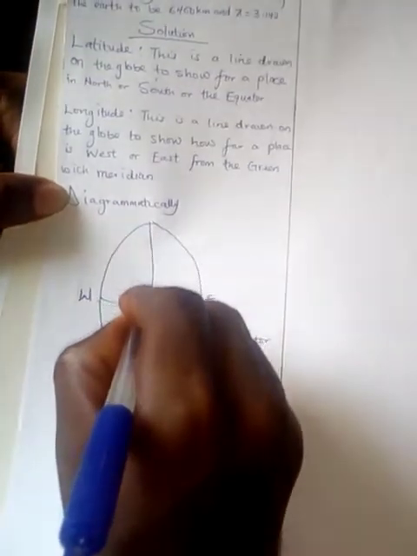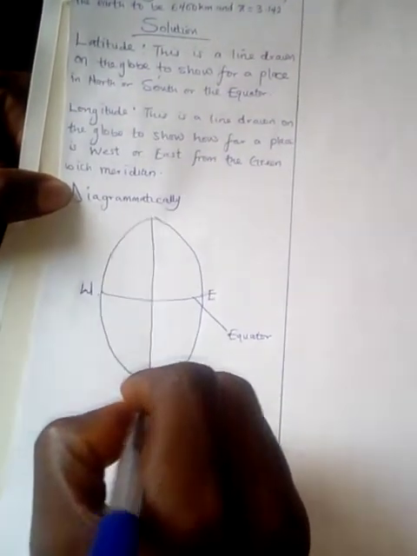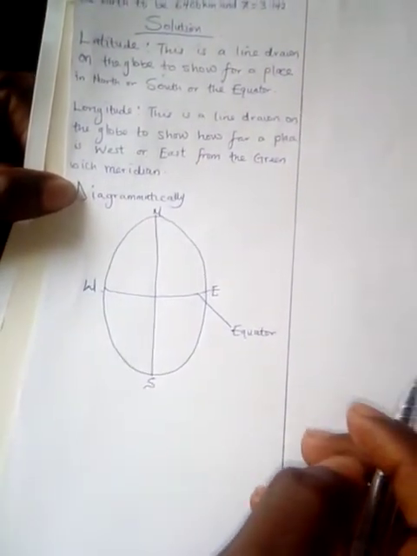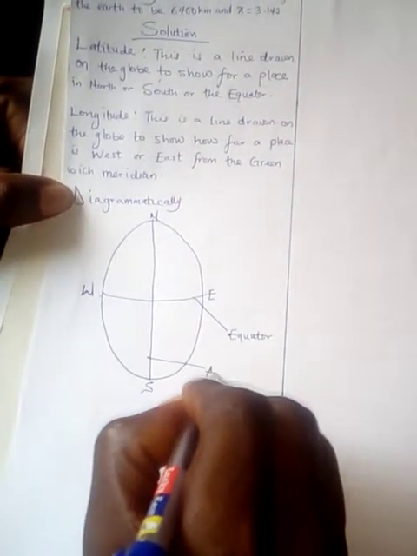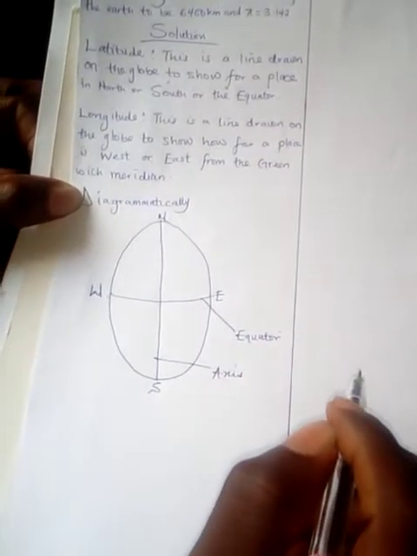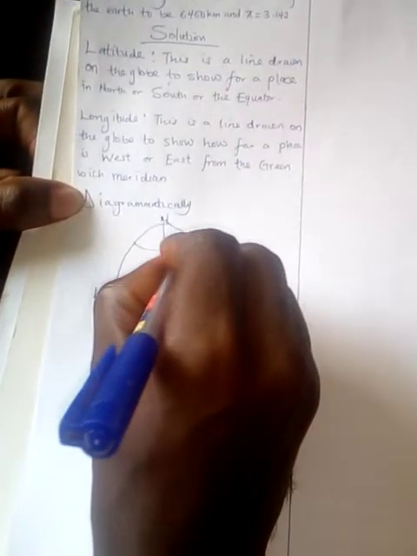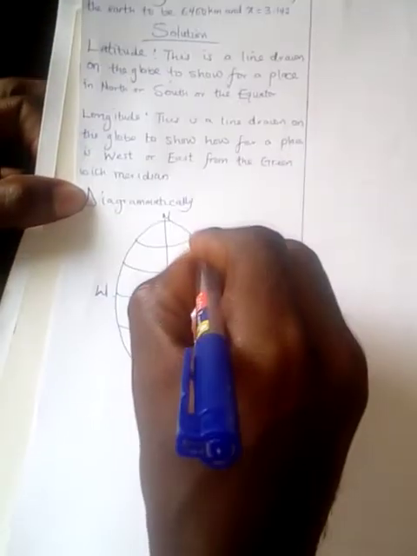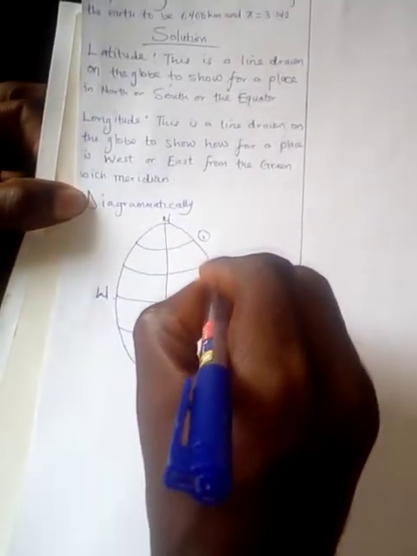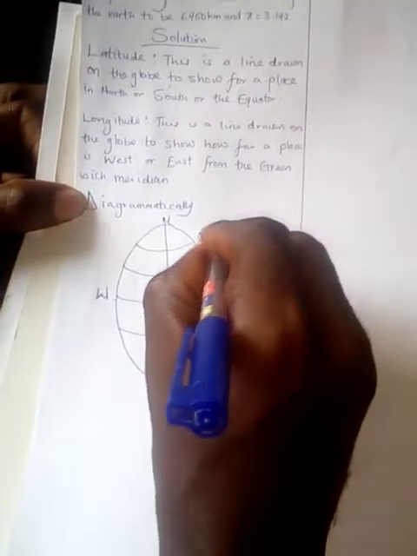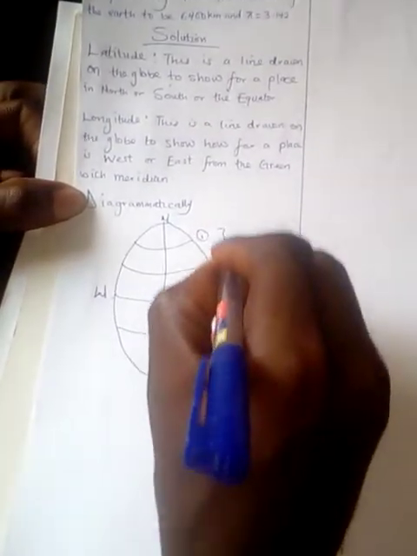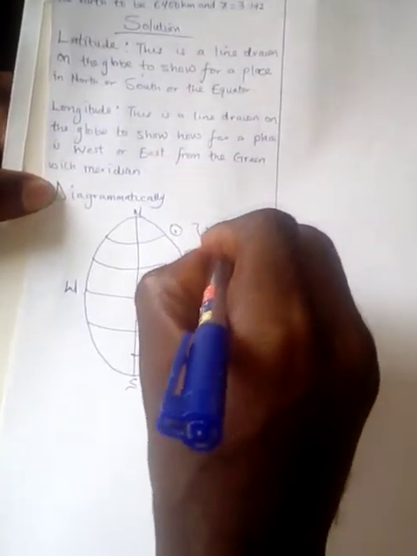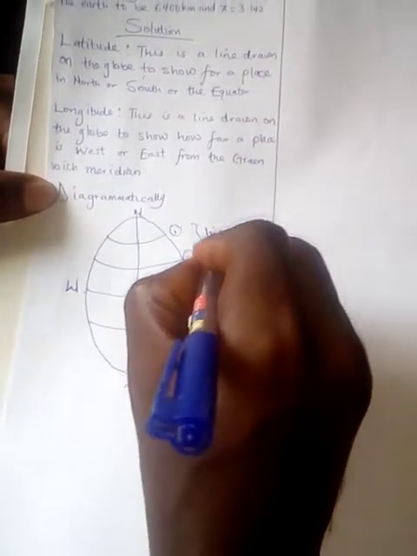This line is a line of symmetry from north to south, and it is called the axis. And lines like these, let me label this Roman figure 1 and Roman figure 2, are called lines of latitude.